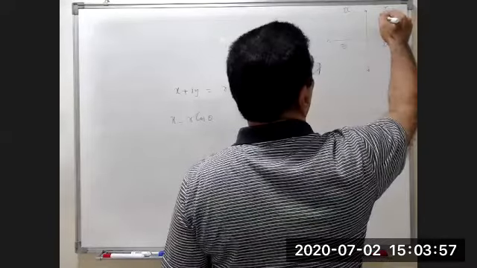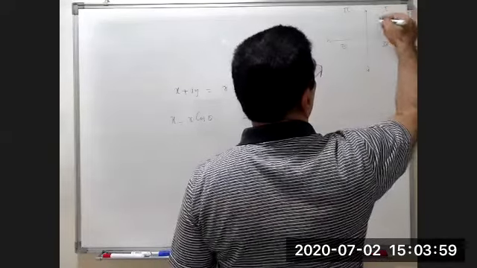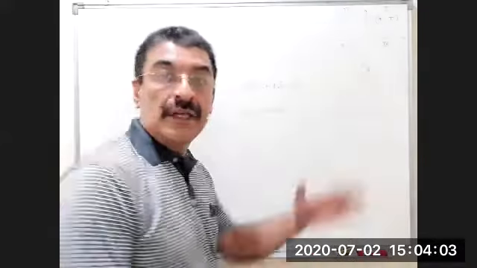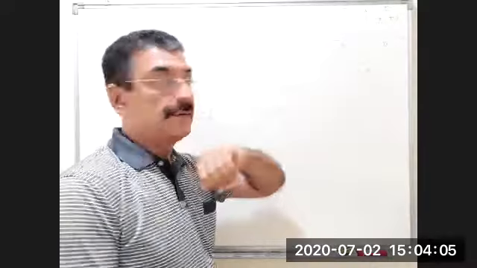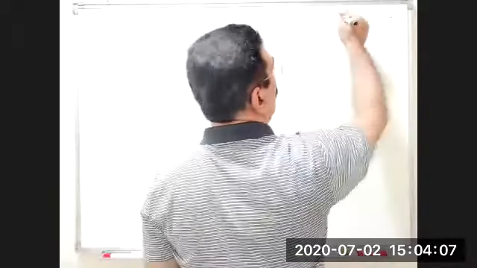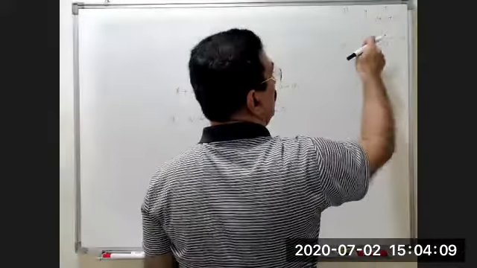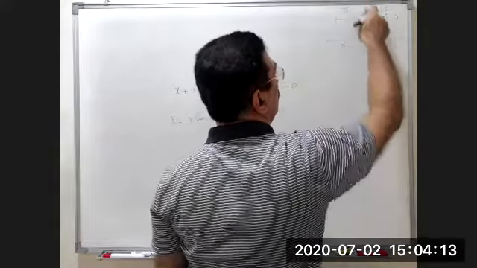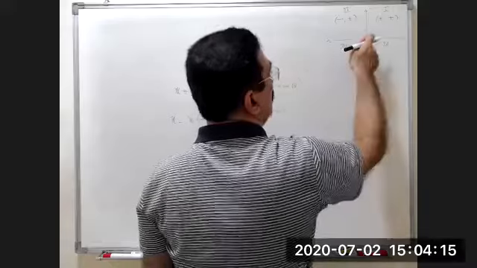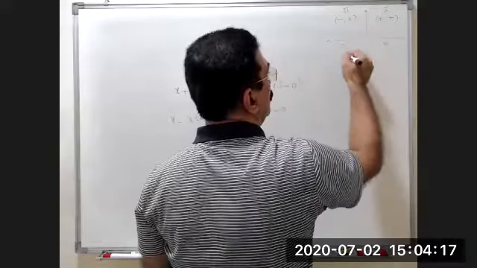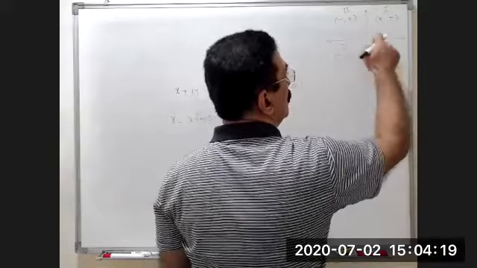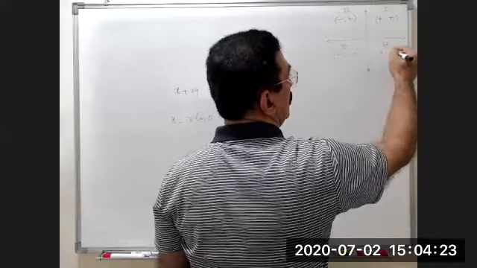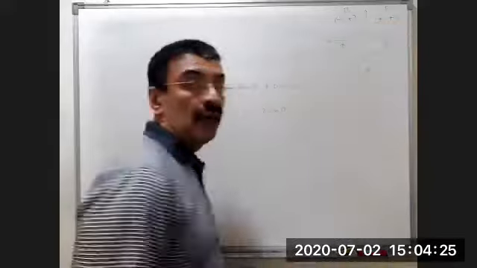Here both x and y coordinates are positive. This you learned in lower classes. In quadrant 2, x is negative and y is positive. In quadrant 3, both x and y are negative. In quadrant 4, x is positive and y is negative. This you have done in lower classes.